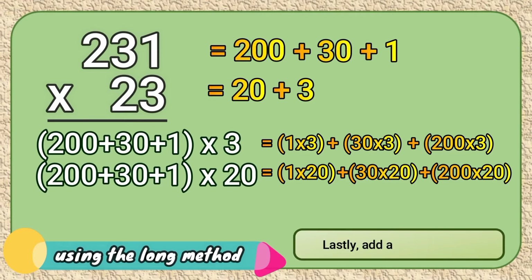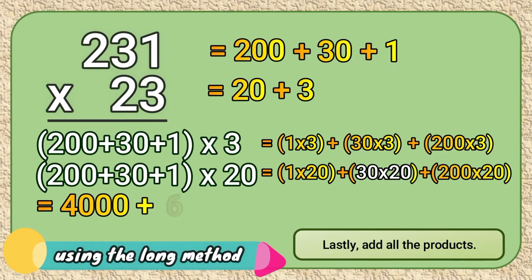Lastly, add all the products. So, we have 200 times 20, that is 4,000, plus 30 times 20, that is 600, plus 1 times 20, that is 20.